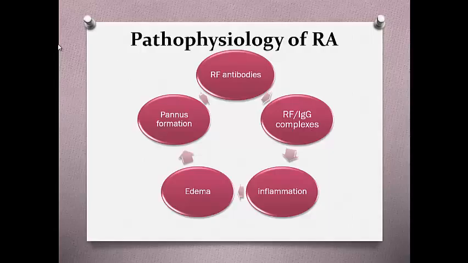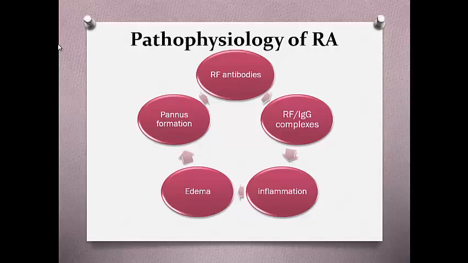This combination of the rheumatoid factor antibodies and the IgG complexes looks like a foreign substance that needs to be destroyed. So inflammation results. And again, inflammation results because of the activation of the complement system. So complement proteins, which cause blood vessels to become dilated, contribute to the redness, the warmth, the swelling, the pain, and loss of function that goes with this inflammatory response.